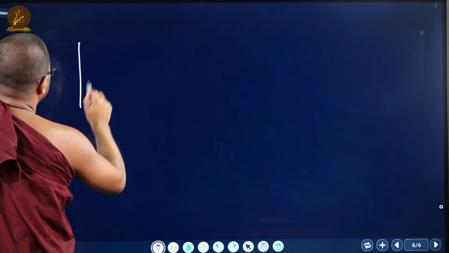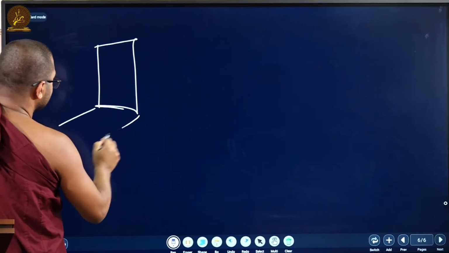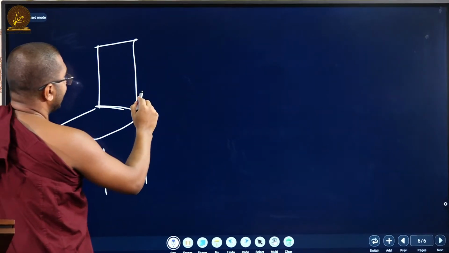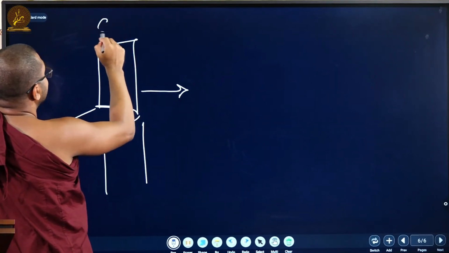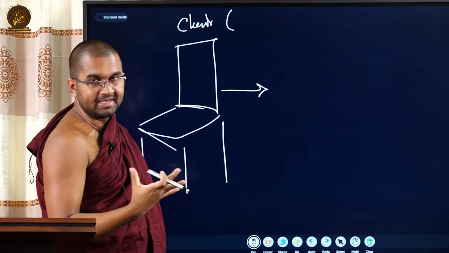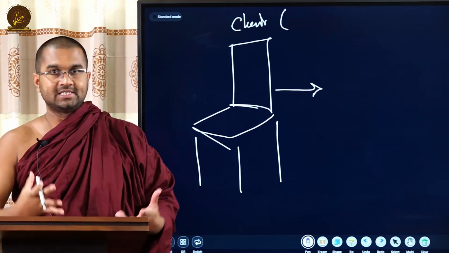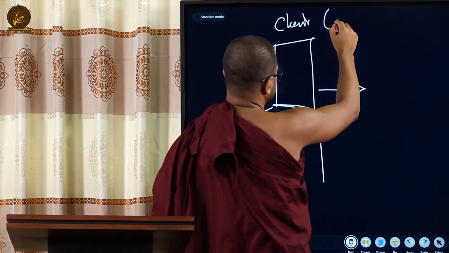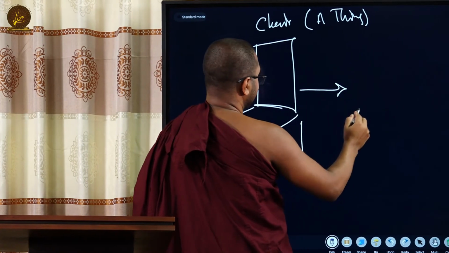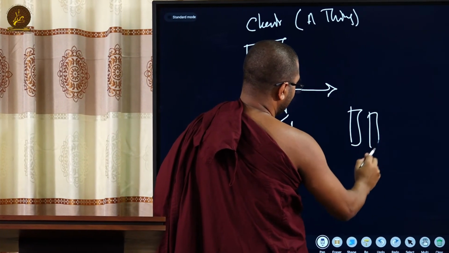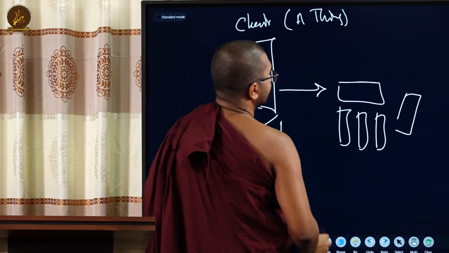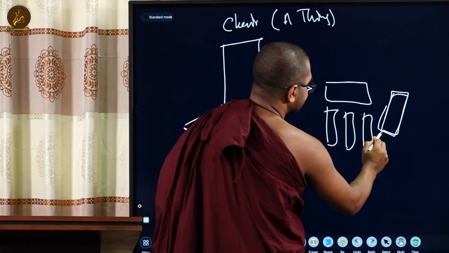Now we think about a chair. If you think about something like this chair, we take the chair as a thing. We have to take it as a reality in the beginning. We have to consider it as existing. So the chair is a thing, right? It's made out of wooden parts. This is the backrest.